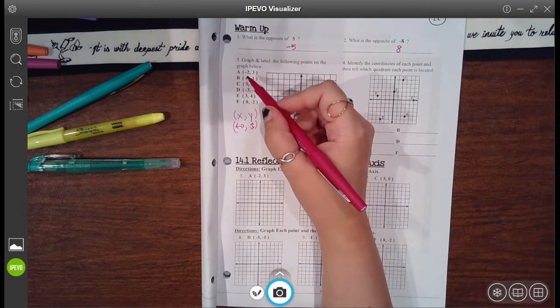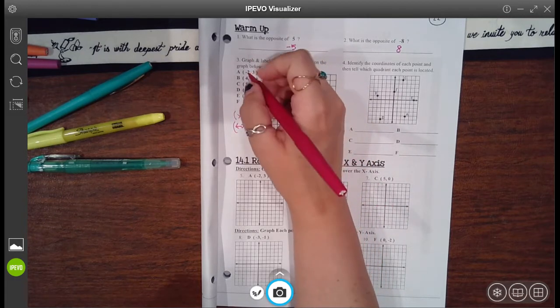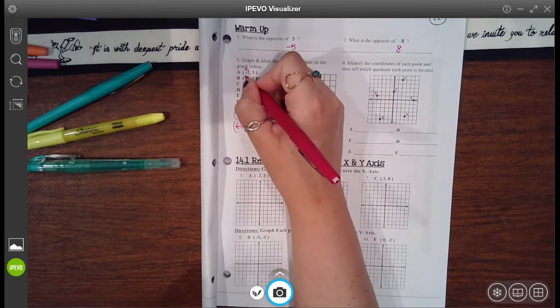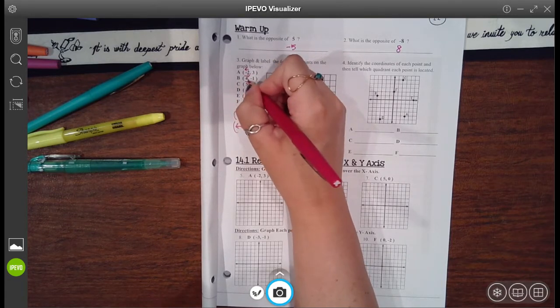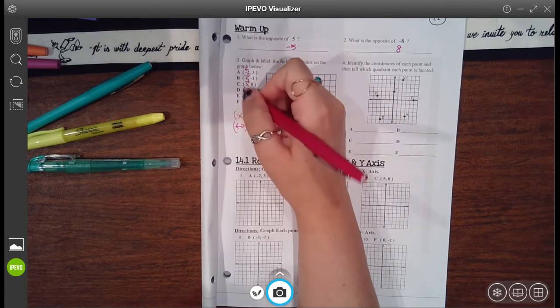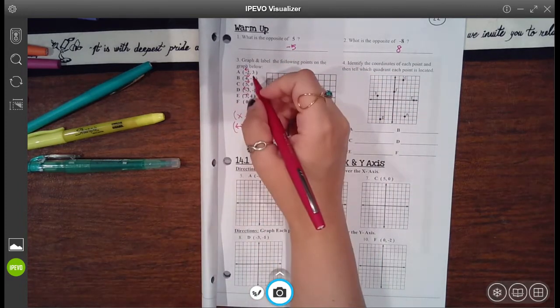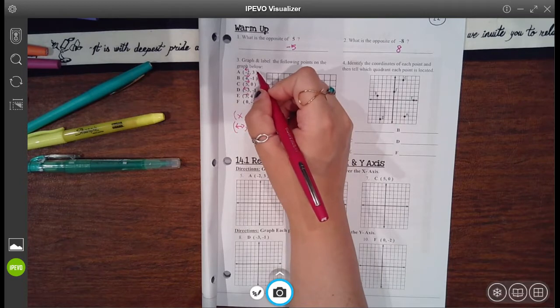So here, sometimes it helps if people focus on just this and they're like, oh, it's negative, so left, it's positive, so right, positive, so right, negative, so left, positive, so right, and then nothing. And then this one's up or down. So since it's positive, we're going to go up.